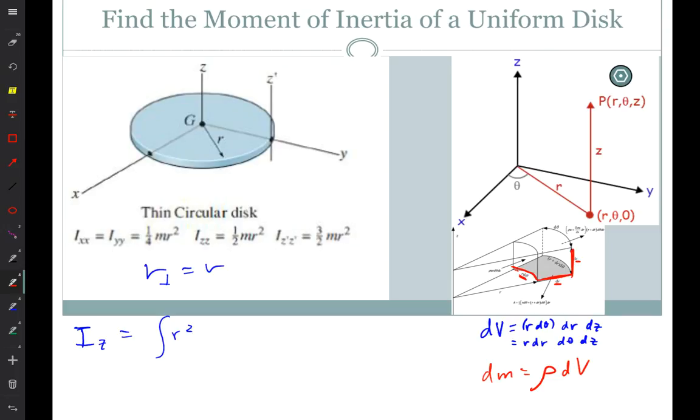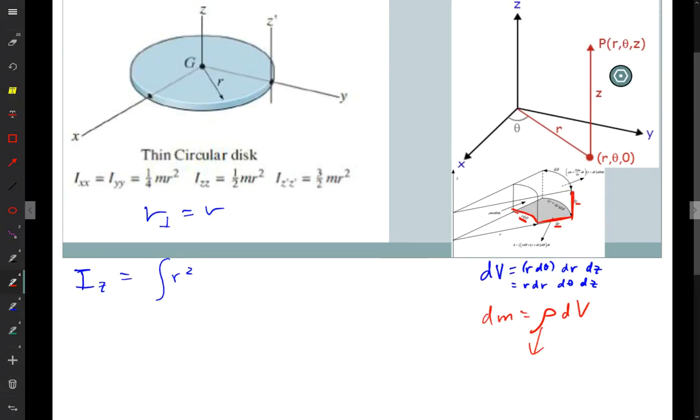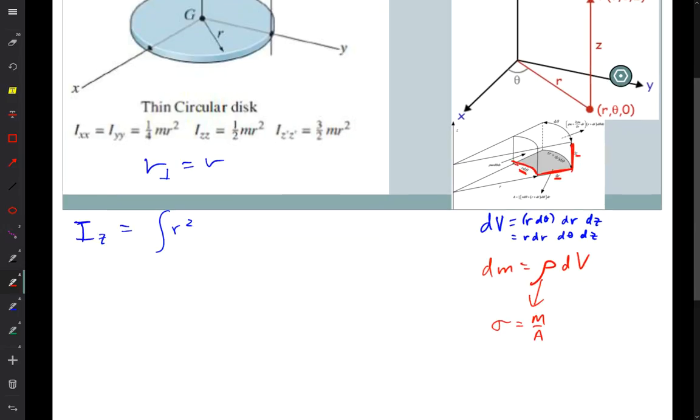I'm just going to drop the dz off and say it's two-dimensional, and my rho will become sigma, which is equal to mass over area. And so dm is equal to sigma d area, which is sigma r dr d theta. So that's what I'm putting in for my dm here. I redefined a new variable sigma for the areal mass density. That's what we call it.